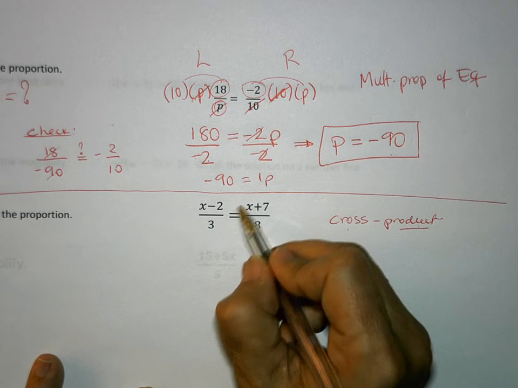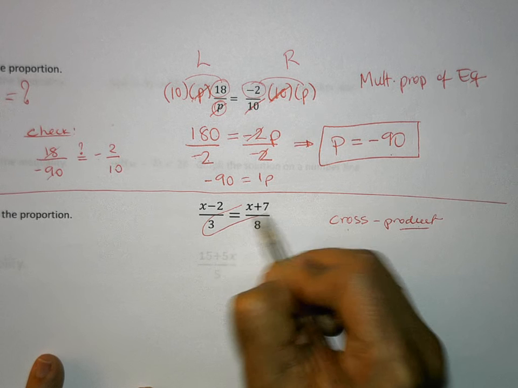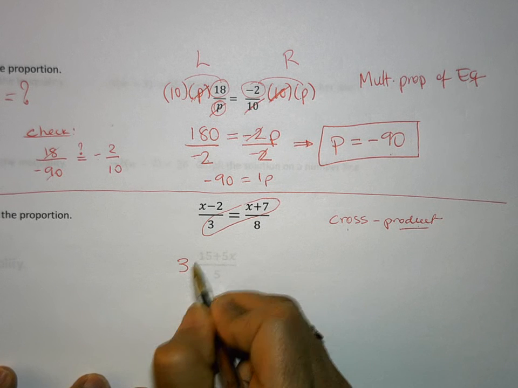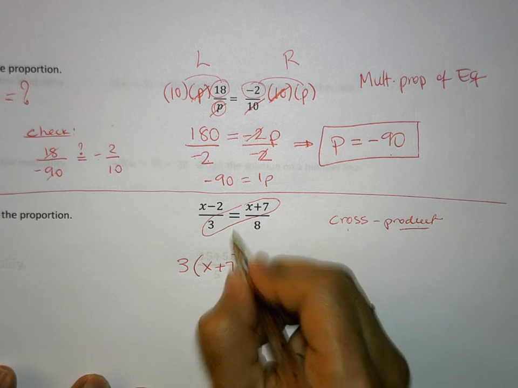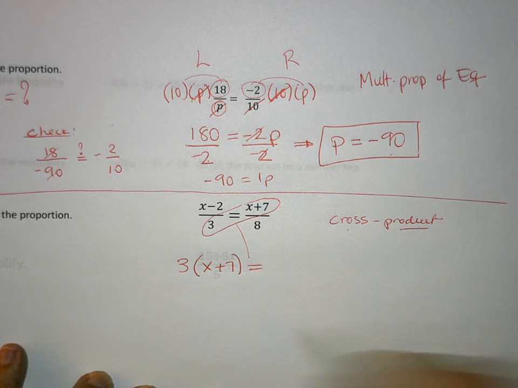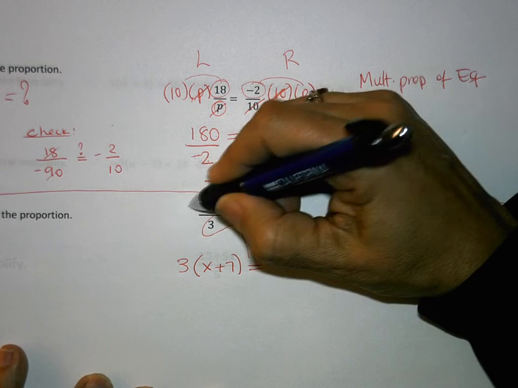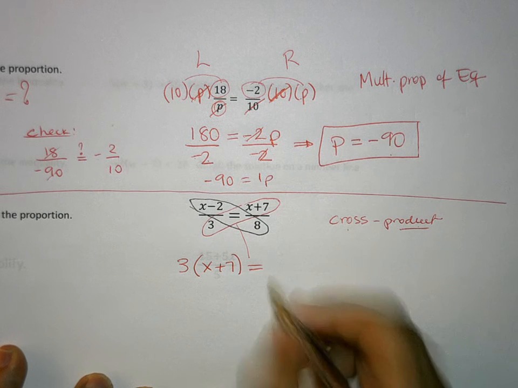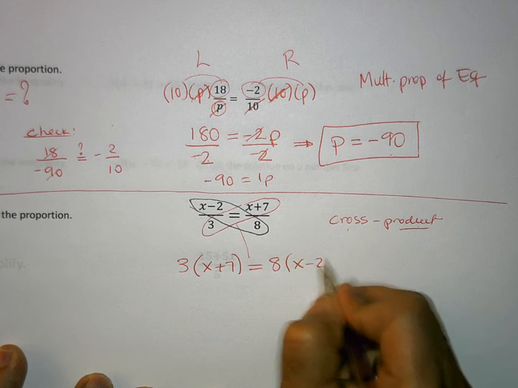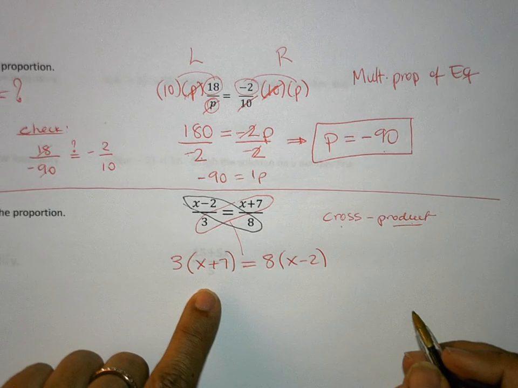So I'm going to cross over here, and I'm going to get 3 times my x plus 7. And I still have my equal sign. And then I'm going to cross diagonally 8 times x minus 2. So 8 times my x minus 2. And then this becomes a distributive property case.